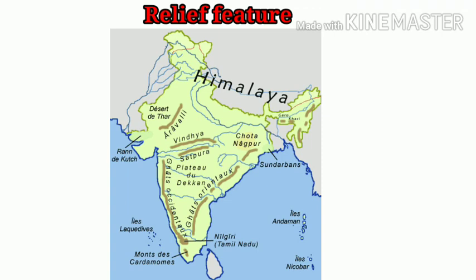Just because it is not able to cross the Aravalli range, most of the Rajasthan part is the driest area.